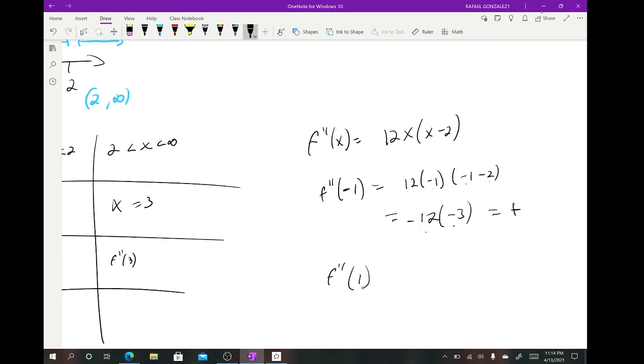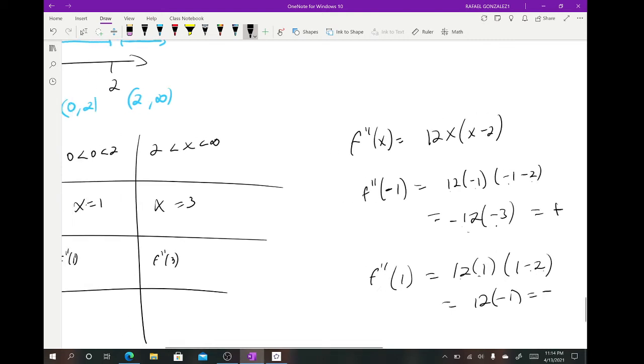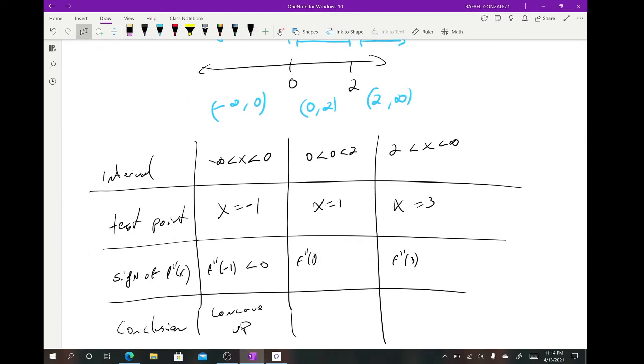Right, so f double prime of 1 is going to be 12 times 1 times 1 minus 2. 12 times 1 is 12, and 1 minus 2 is minus 1, so this is going to be a negative number. In fact, it's minus 12. So this one is concave down.